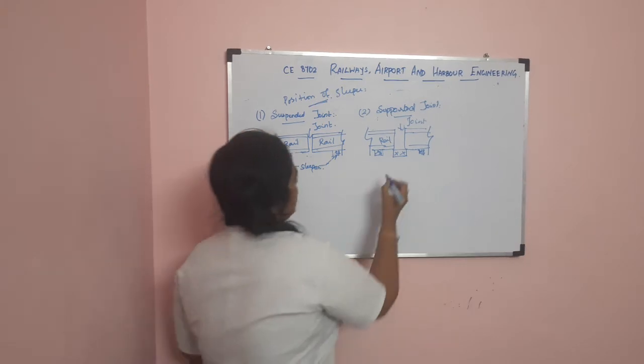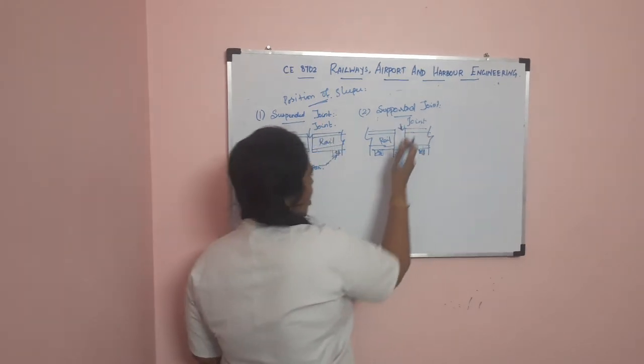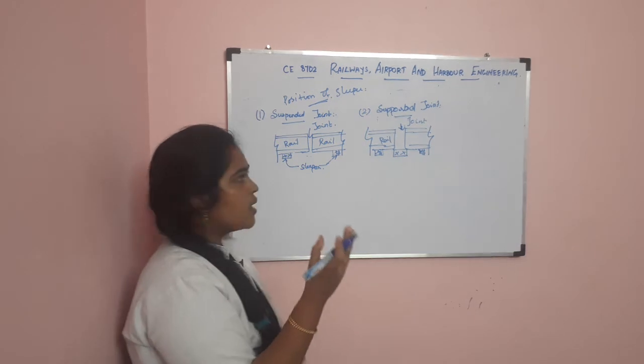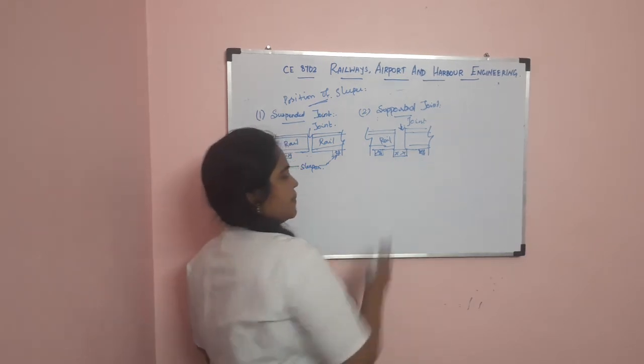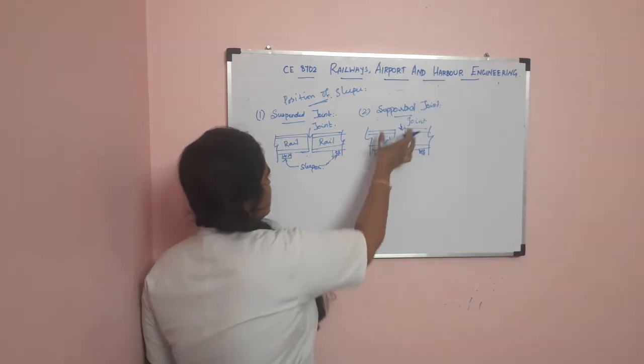In supported joint, exactly opposite to the joint, the sleeper is kept. So it is considered to be the supported joint.